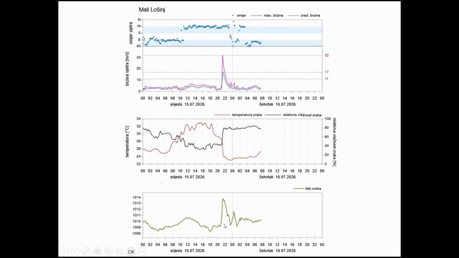Also, this one was connected with intense weather, which we can also see from this measurement. We also have a really rapid decrease in temperature, and gale force wind gusts were recorded at Mali Lošinj. So it was really interesting that we had this specific weather event this summer.